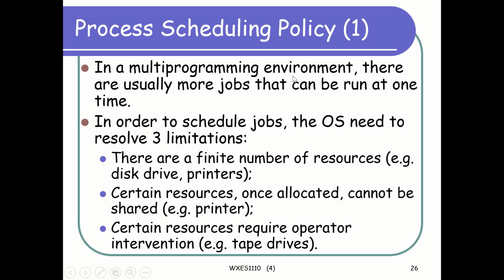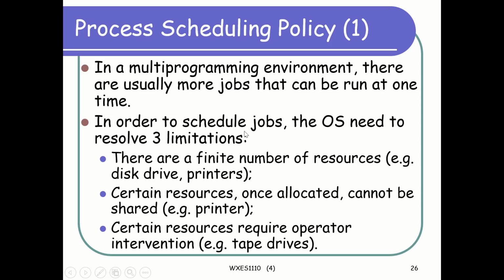So in a multi-programming environment, there are usually more jobs than can be run at one time. Last time it was in a serial mode, one job at a time. Now in a multi-programming environment, you can actually code so that you can run more than one job at one time.